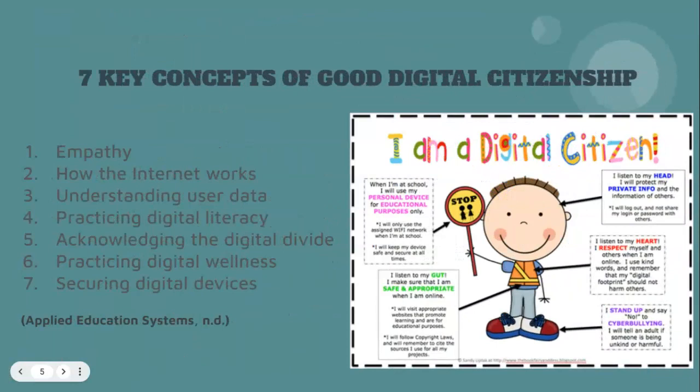Those 7 key concepts are empathy, how the internet works, understanding user data, practicing digital literacy, acknowledging the digital divide, practicing digital wellness, and securing digital devices.